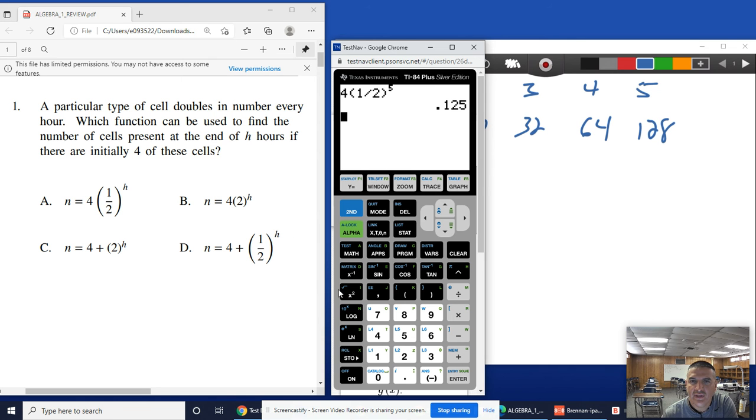All right, what about b? 4 times 2, and then this is the one that gives you the exponent, the little arrow up, to the fifth power. That one gave me the right answer. So it could be b. And if you want to, you can check all the other ones. If you plug it in and you know you did this part right, that was pretty easy reasoning, right?